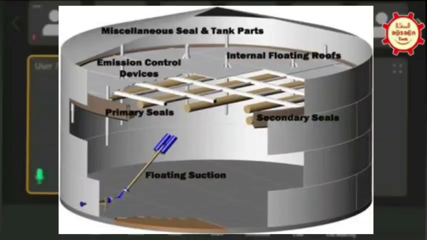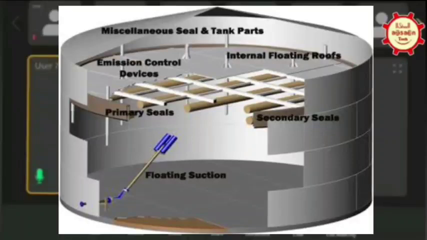In single deck floating, there is only one plate laying on the liquid, and at the end there are pontoons. Pontoons means empty spaces, as in a boat, which make the plate float on the liquid.